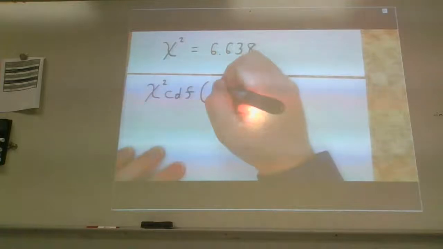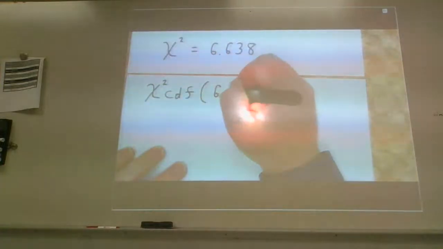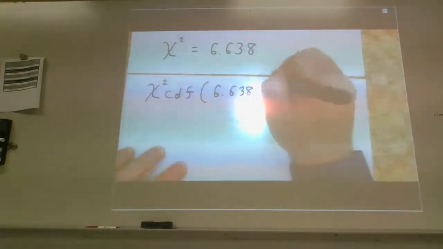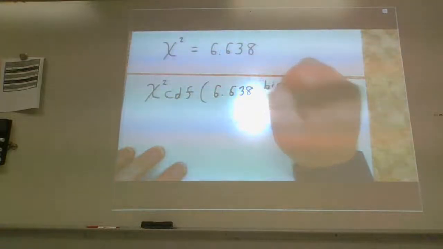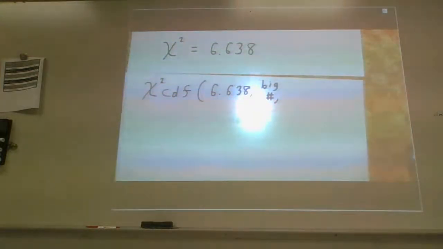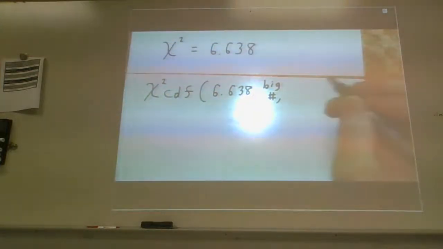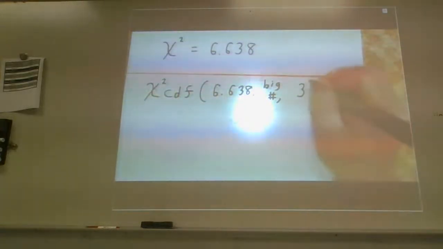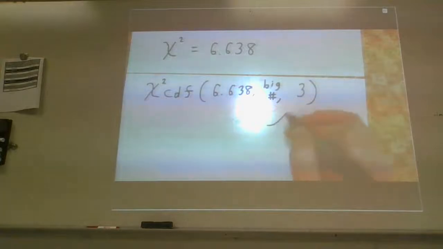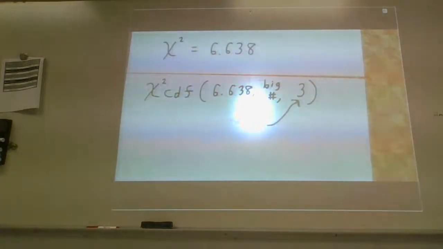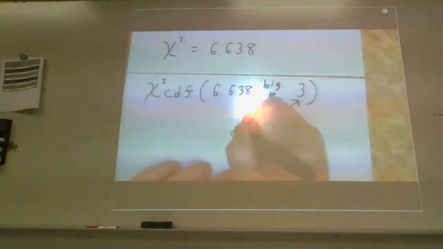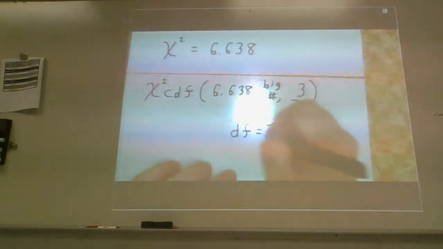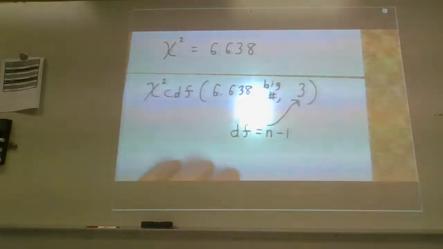So here, I'm going to go 6.638, comma, big number, whatever that big number is, comma, and in this case I'm going to write a 3. The reason I'm writing a 3, I'm going to put in my notes right here: degrees of freedom is equal to n minus 1.